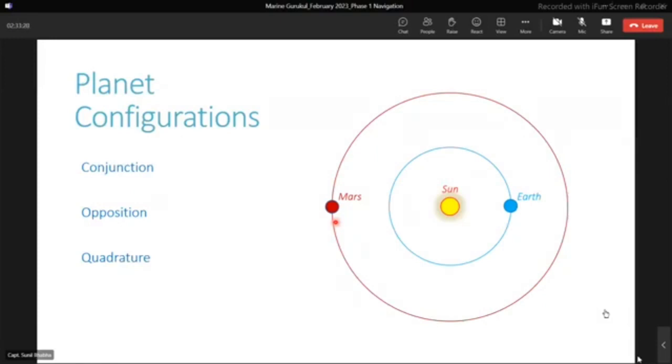Like for example, right now when you see in the diagram, you can see that for an observer on the Earth, the sun as well as the planet Mars are in the same direction. Both the sun and planet Mars are in the same direction.